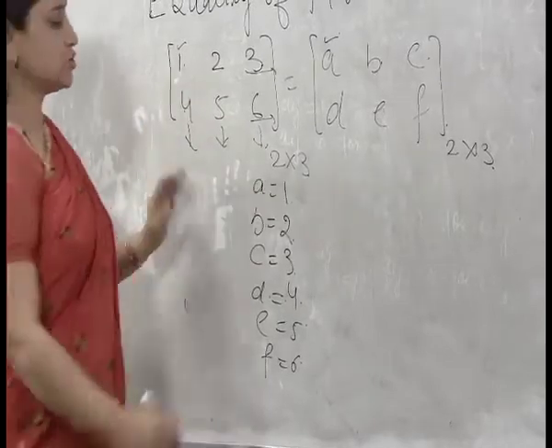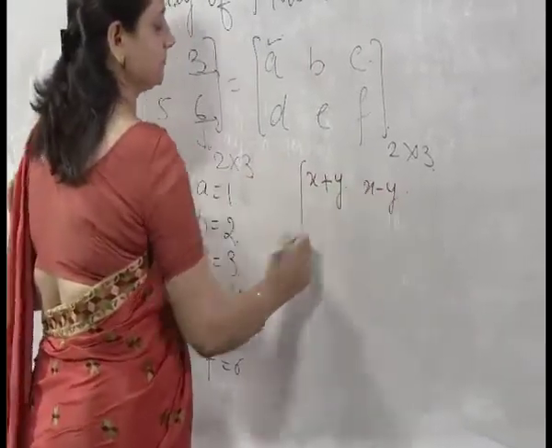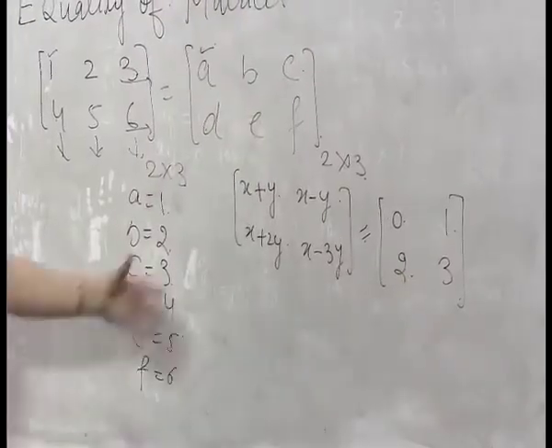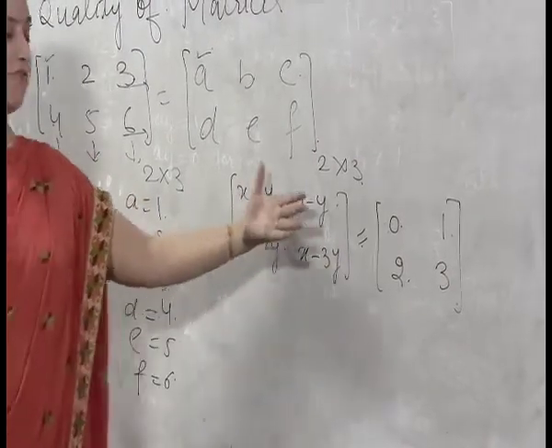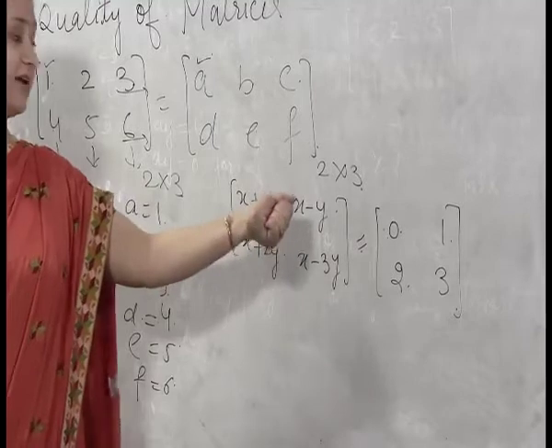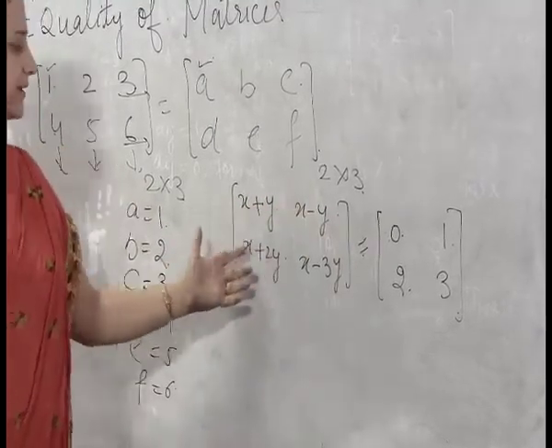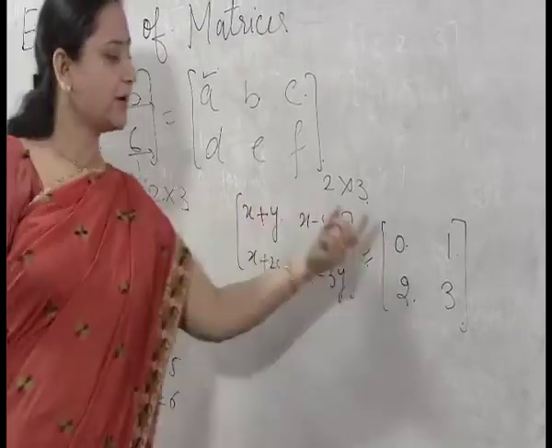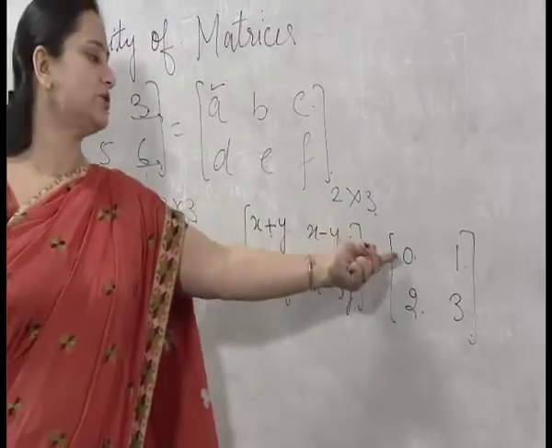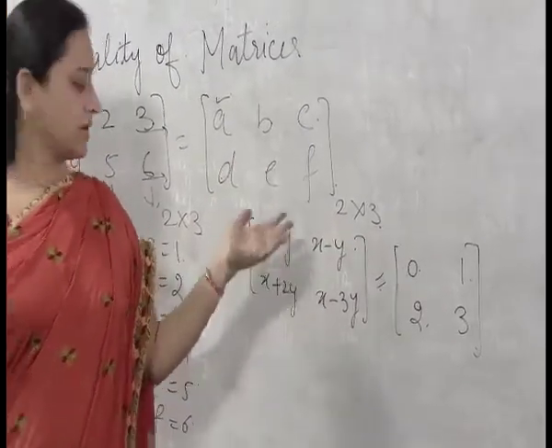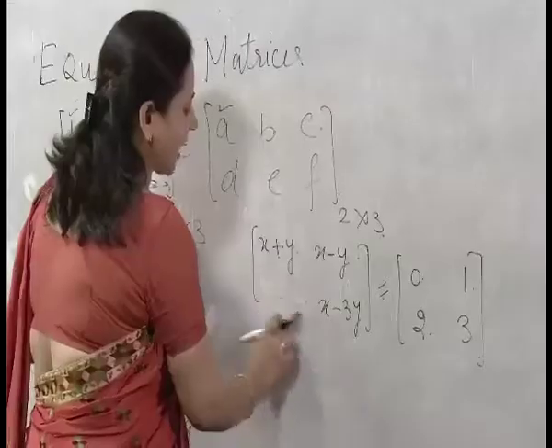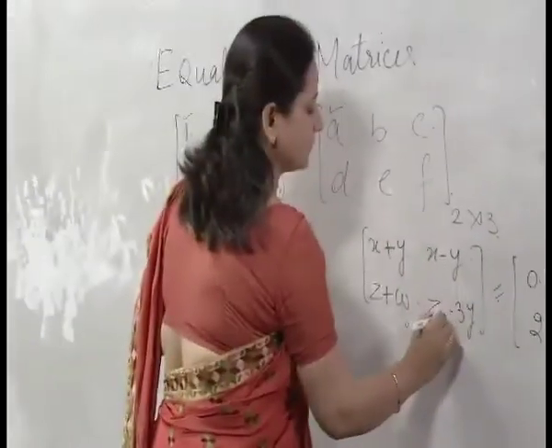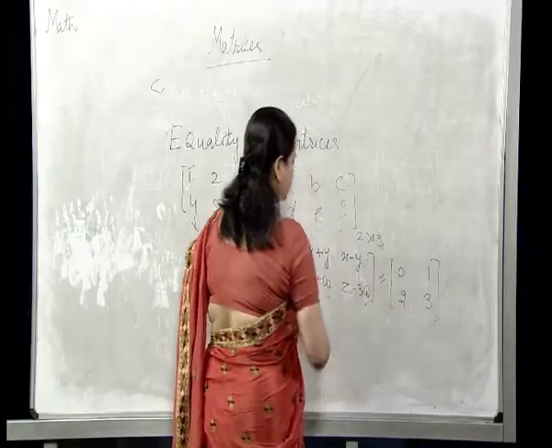If you are given two matrices, you can find the values of x and y from this equation, like x plus y is equal to 0. You can see this element is equal to this element. So x plus y equal to 0, and you can find the value of x. You can have different variables also, like z plus w, z minus 3w.